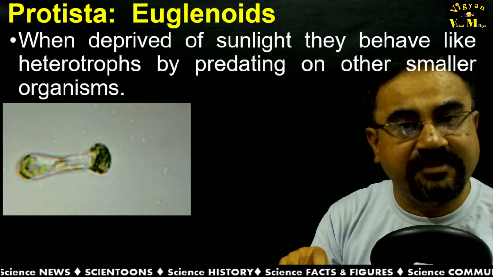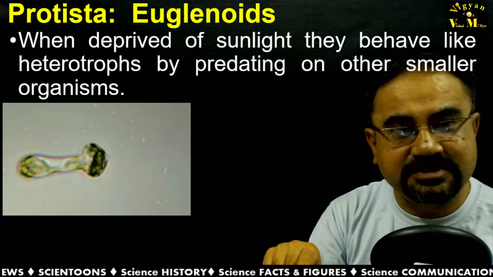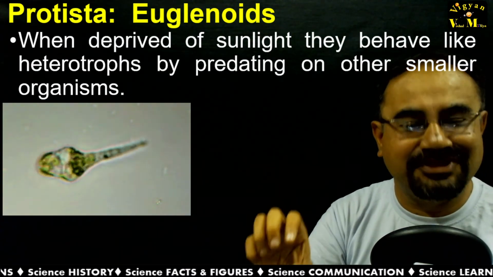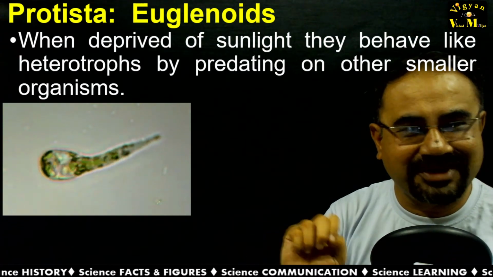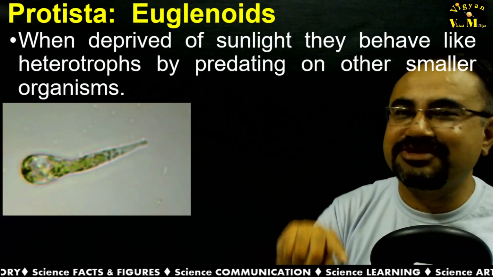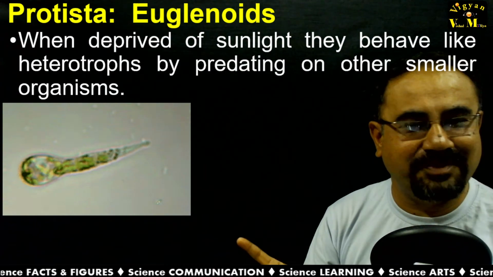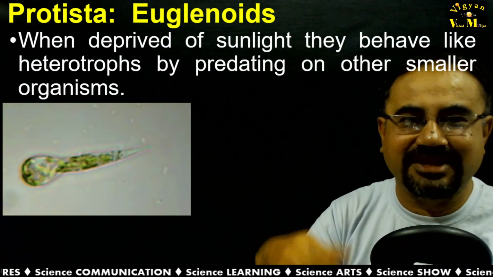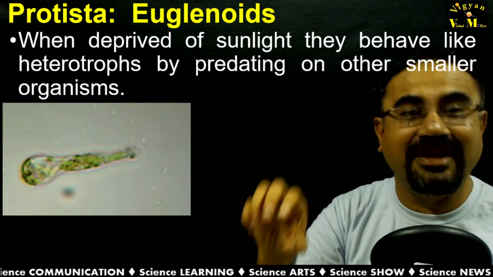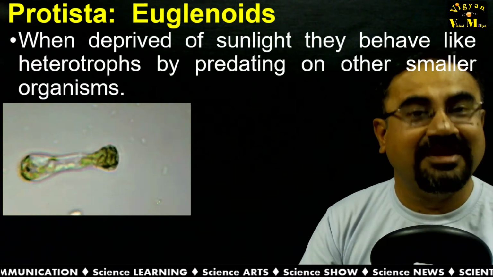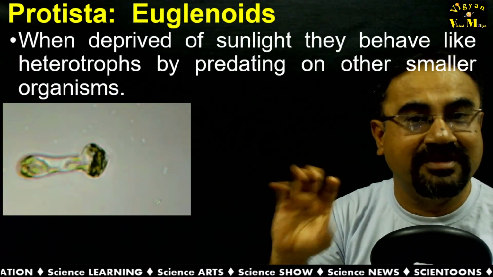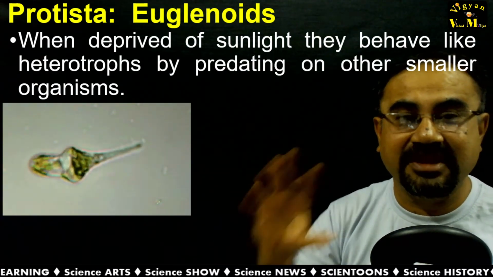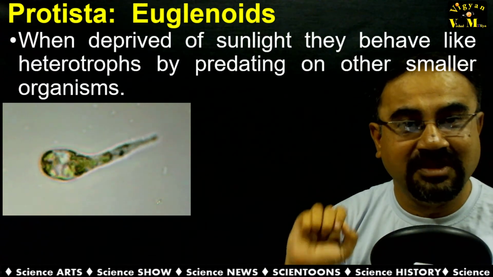When they are deprived of sunlight, they can behave like heterotrophs and predate on other smaller organisms. So in the presence of sunlight they do photosynthesis and become autotrophic, and in its absence they become heterotrophic and eat other organisms. Their body wall, made up of pellicle, helps in making their body flexible.